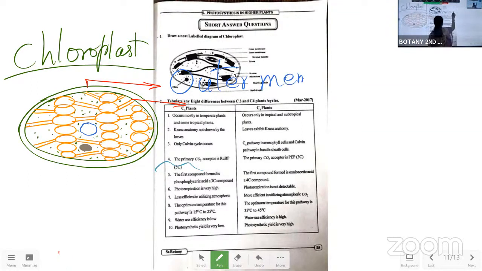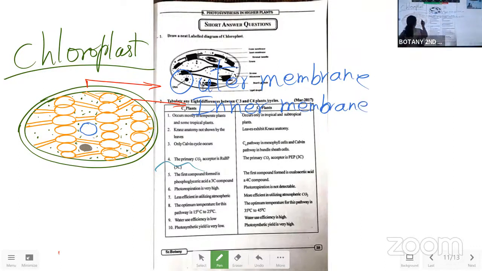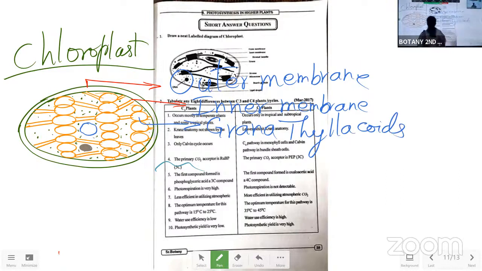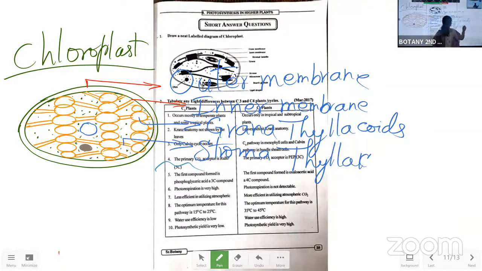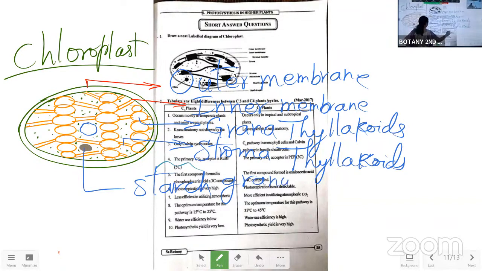Outer membrane, and this is the inner membrane. And these are the grana thylakoids. And these tube-like structures are the stroma thylakoids, and this is the starch granule. And this is the circular DNA.